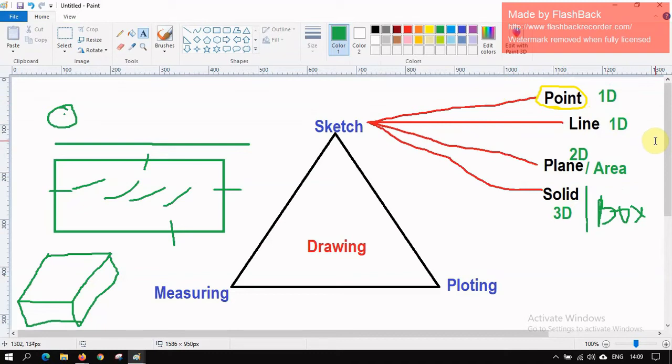Any queries are always accepted and welcome. Can you tell 2D again? The 2D, the plane one. Okay, fine.